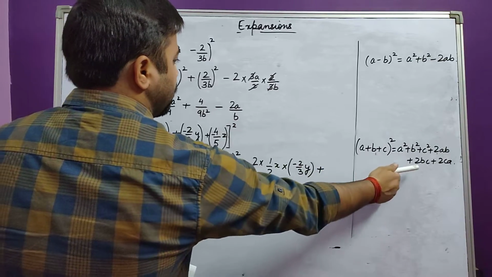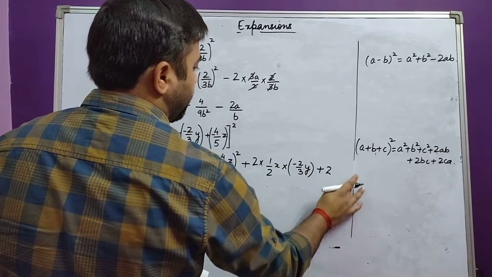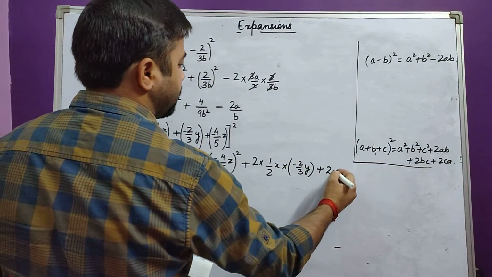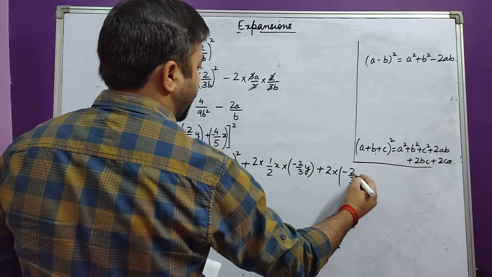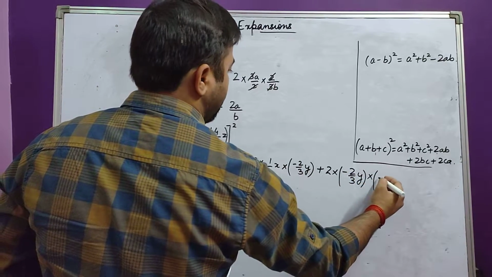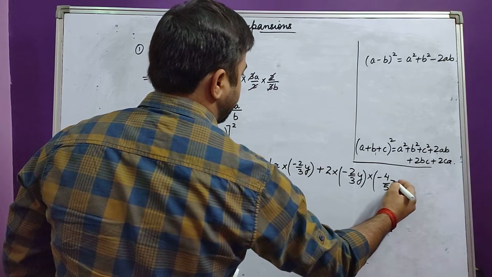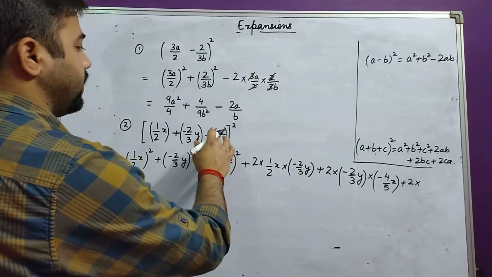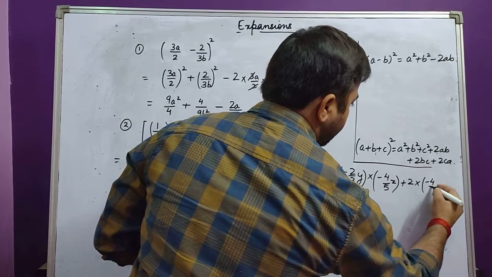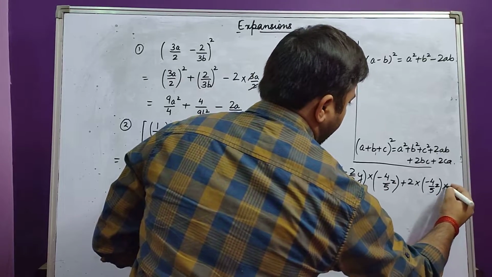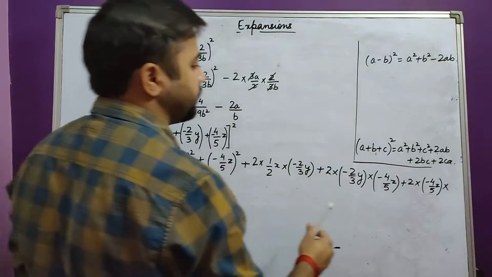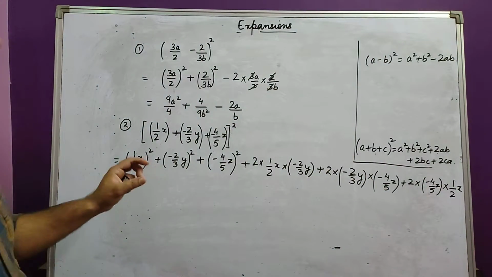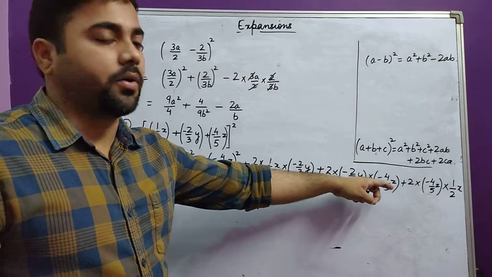Plus 2bc: 2 multiplied by second term, that is -2/3y multiplied by -4/5z. Now we are left with the last one, 2 multiplied by -4/5z multiplied by the first term, that was 1/2x. Now whatever things are being cancelled out, we are going to cancel.